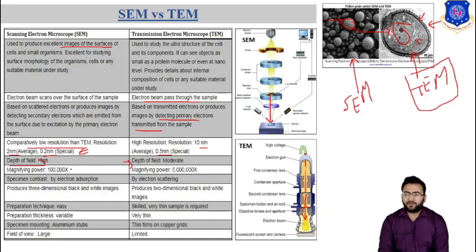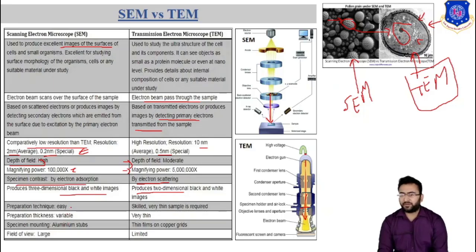Magnifying power of SEM is 1 lakh x, whereas that of TEM is 50 lakh x. Specimen contrast comes from electron absorption in SEM, while in TEM electron scattering is used. SEM produces a 3-dimensional black and white image, whereas TEM produces a 2-dimensional black and white image.